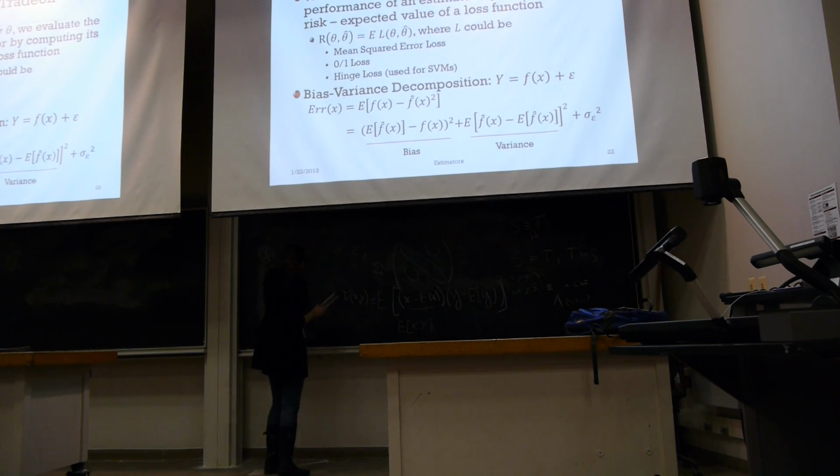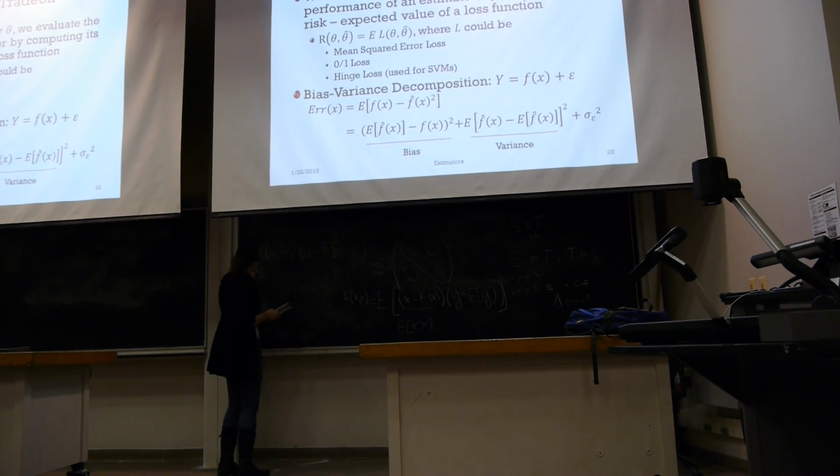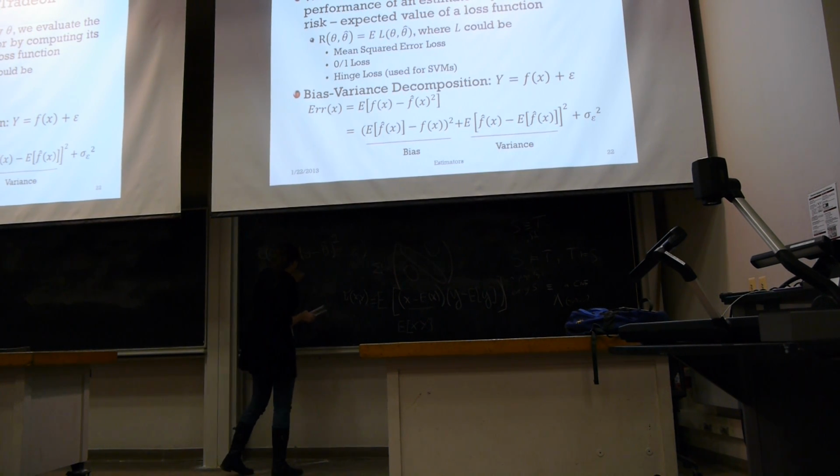A very frequently used loss is the squared error loss. Another one is hinge loss, which looks kind of like this. So let's say this is your error, and this is your loss.